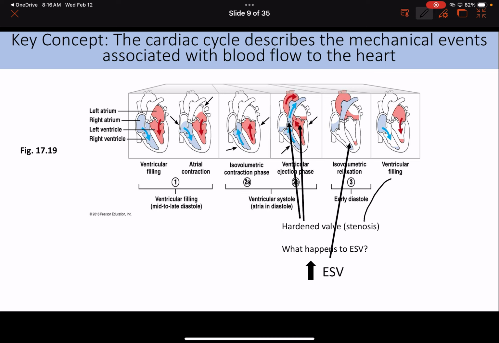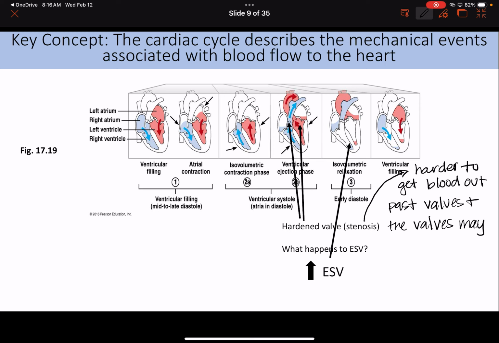So with stenosis, it's harder to get blood out past the valves. And I'll say the valves instead of they. And the valves may not seal properly.